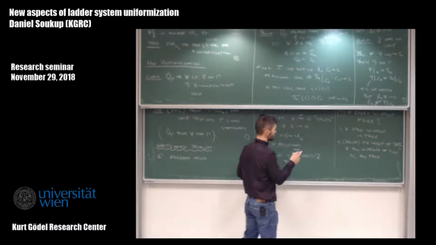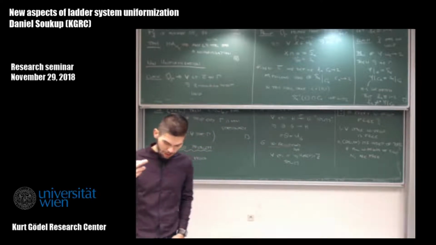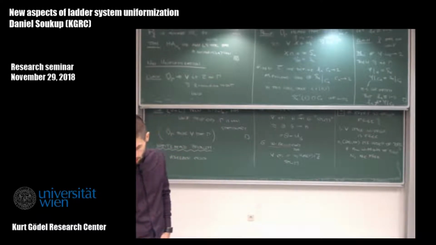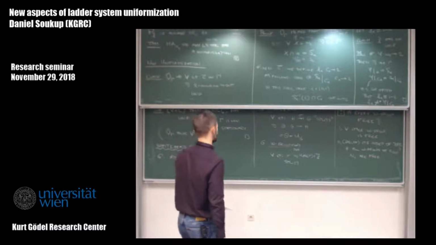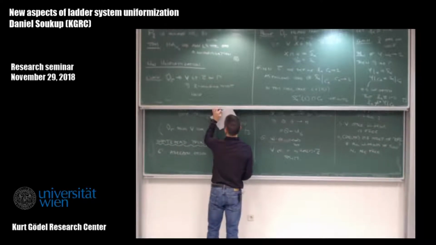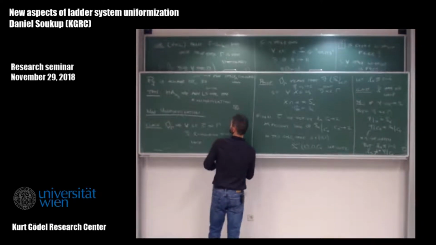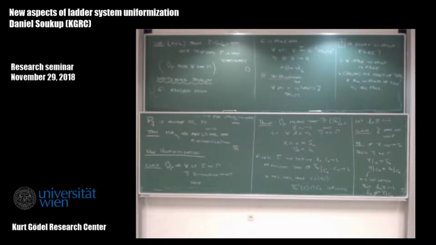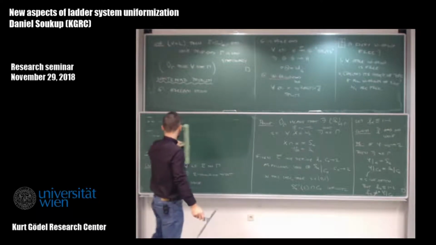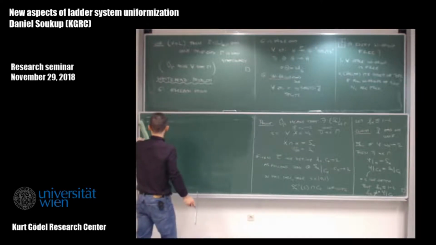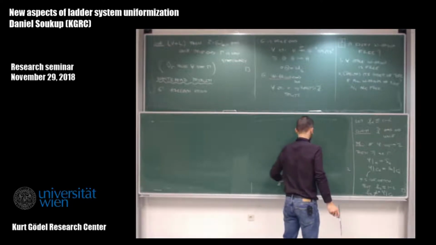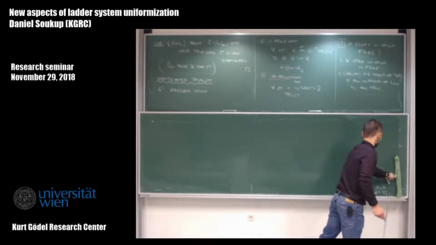But anyways, the important thing here was that the existence of these Whitehead groups, or counterexamples, can be characterized by ladder system uniformization. So let me write this down. In the 70s, Shelah showed this independence, but didn't realize this connection with uniformization yet, or we hadn't defined this uniformization yet.